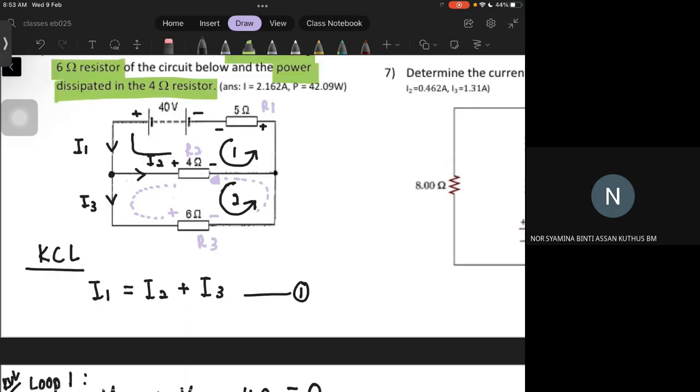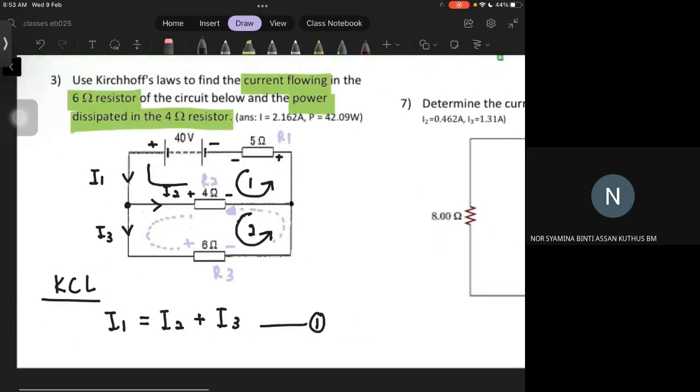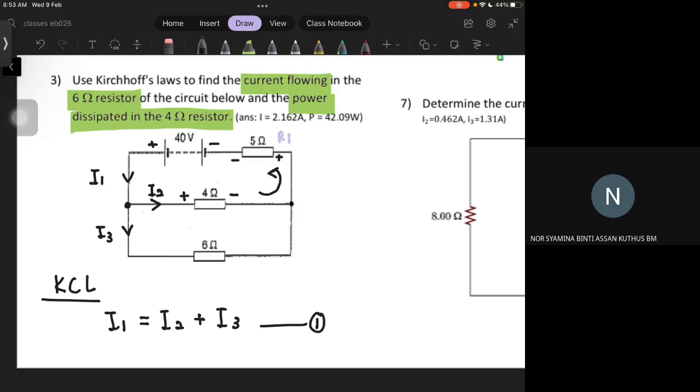The same question, dekat bawah ini, your current flow I2, okay, nampak current flow dekat sini, kita denotekan current 2 punya direction into 4 ohm macam ni. So current flow dia punya positif terminal sini, negatif terminal sini. Boleh? So untuk loop yang pertama, bila kita buat loop pertama macam ni, ada tak dia the direction of the loop goes against the direction of the current flow dekat 4 ohm ni?